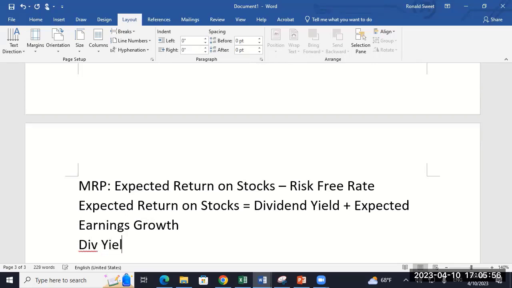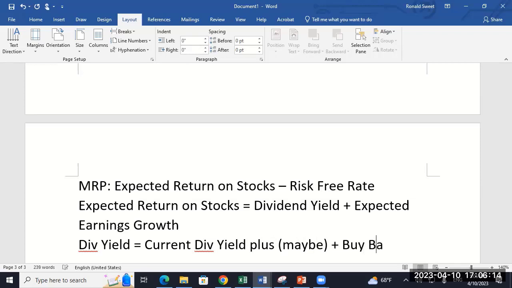The dividend yield is going to equal the current dividend yield plus, maybe, I'll leave it up to you, buyback yield.